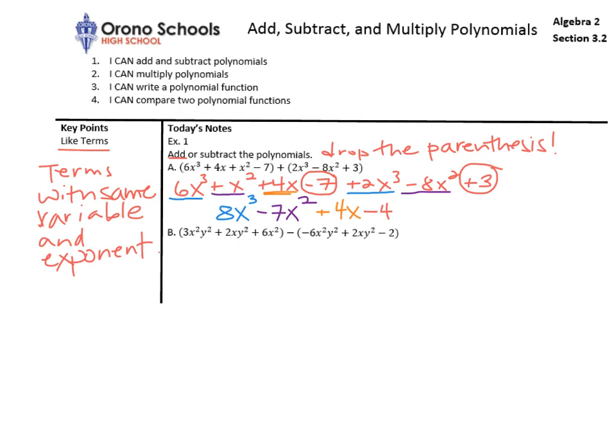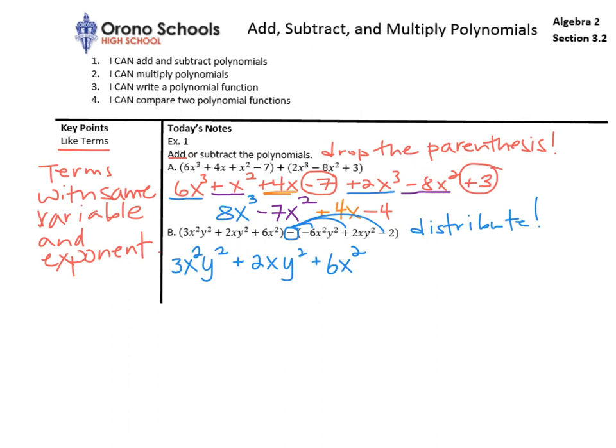Now when you're asked to subtract, make sure to distribute that in first. Otherwise you might miss a change in signs in that second polynomial. So now let's look at, we've got 3x squared y squared, plus 2xy squared, plus just 6x squared.